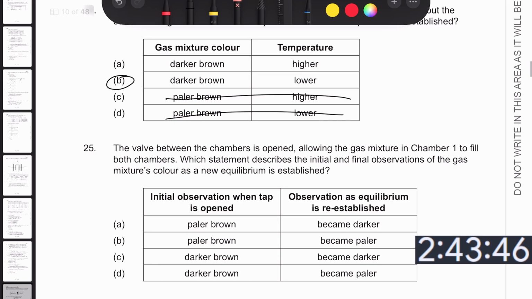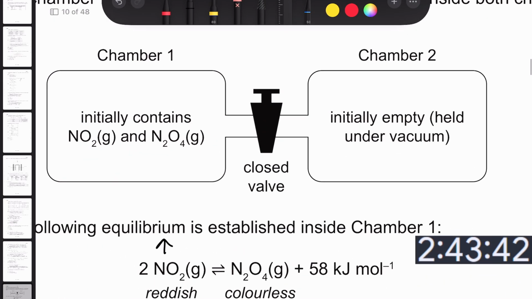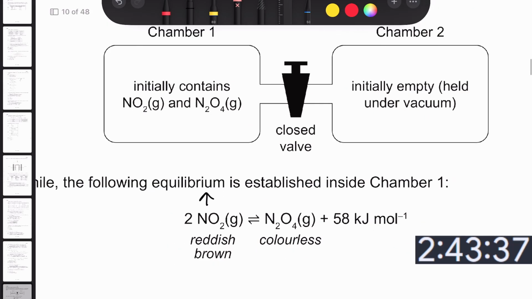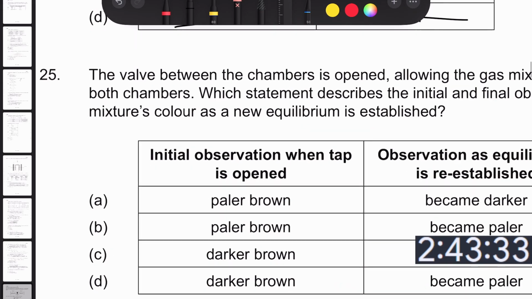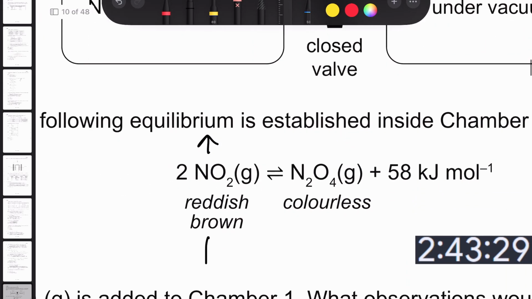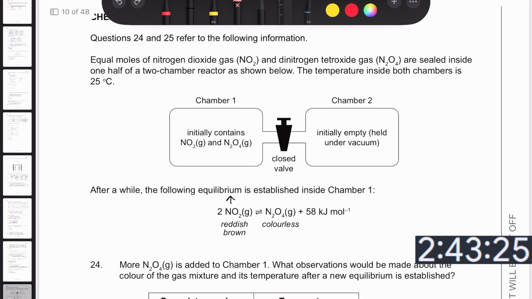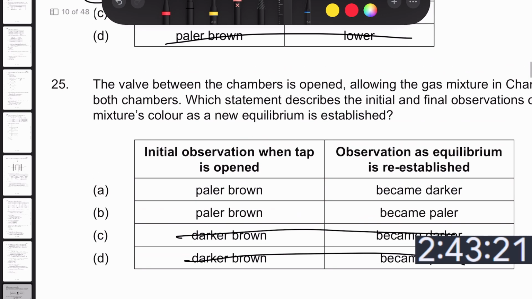So when the tap is open, it's going to be a paler brown because this will decrease and this will decrease. But the volume will increase and my pressure will decrease and my concentration will decrease. So it's going to be paler brown.